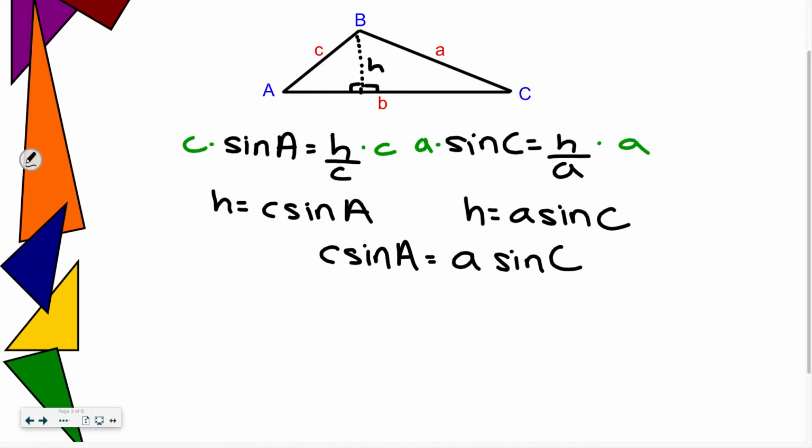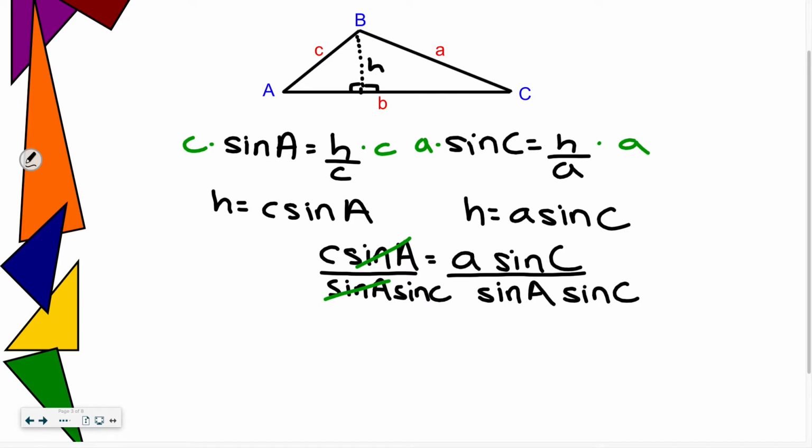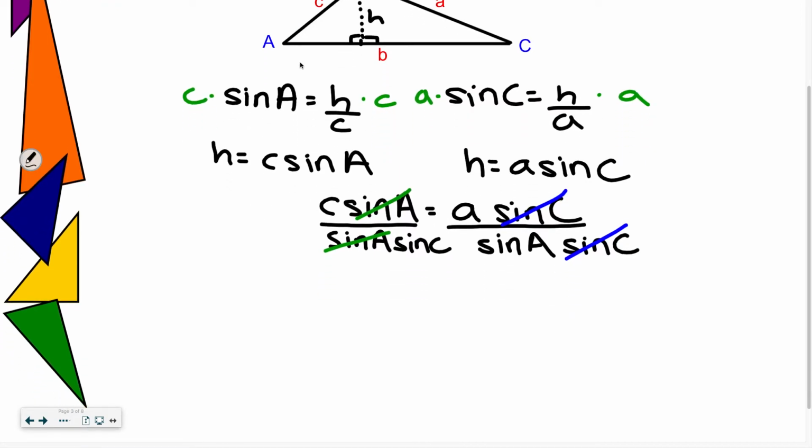So I'll divide by sine A on both sides, so that sine A and sine A cancel out, right? And then I'll also divide by sine C, so that sine C and sine C cancel out. And this is the beginning of the law of sines.